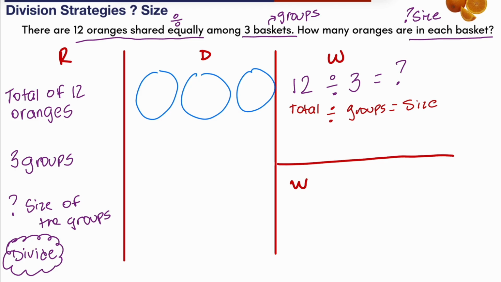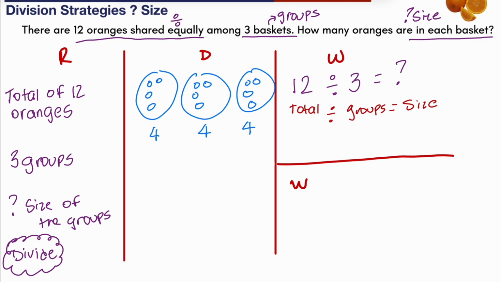Just like this. 1, 2, 3, 4, 5, 6, 7, 8, 9, 10, 11, 12. Okay. How many is in each group? 4. So that's the size of each group. Always make sure that you have the same exact number inside of each group. And if you don't, then you've made a mistake. So you always want to go back and double check your work.